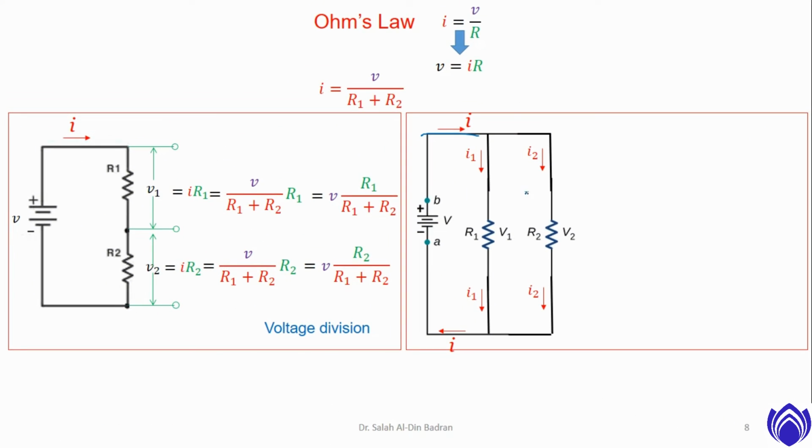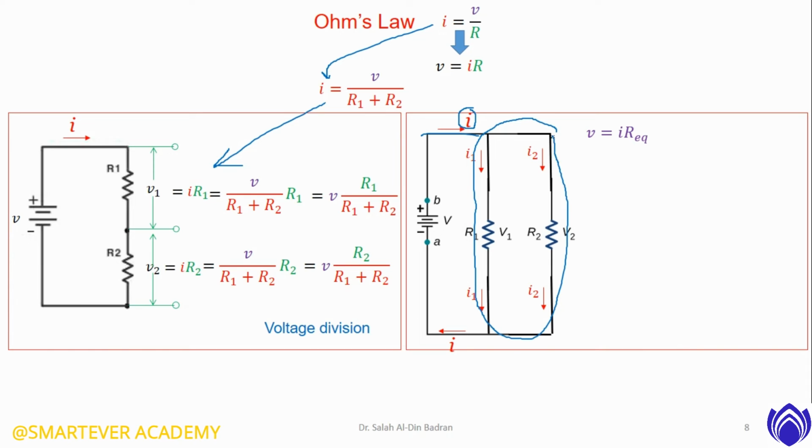We will work on this circuit that has only two resistors connected in parallel. The total voltage here is equal to the total current multiplied by the equivalent resistor. You have to find the equivalent resistor.